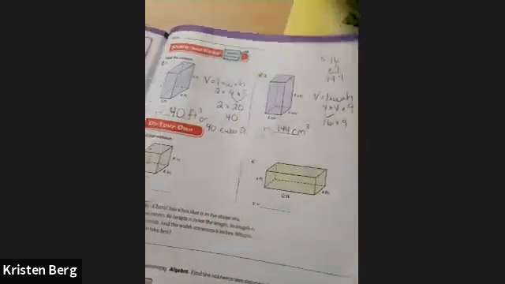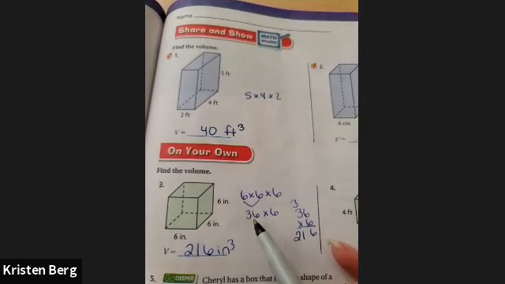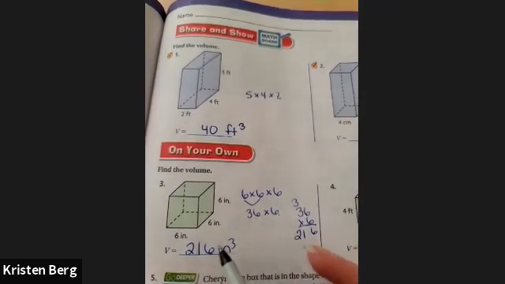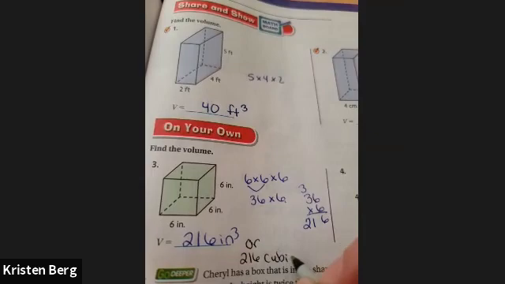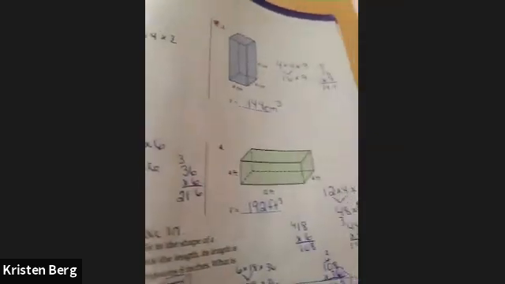All right, so you should have tried these on your own. So let's see if you are correct. If you did this, it would have been 6 times 6 is 36 times 6, which would be 216 inches cubed, or you could have said 216 cubic inches in this case.